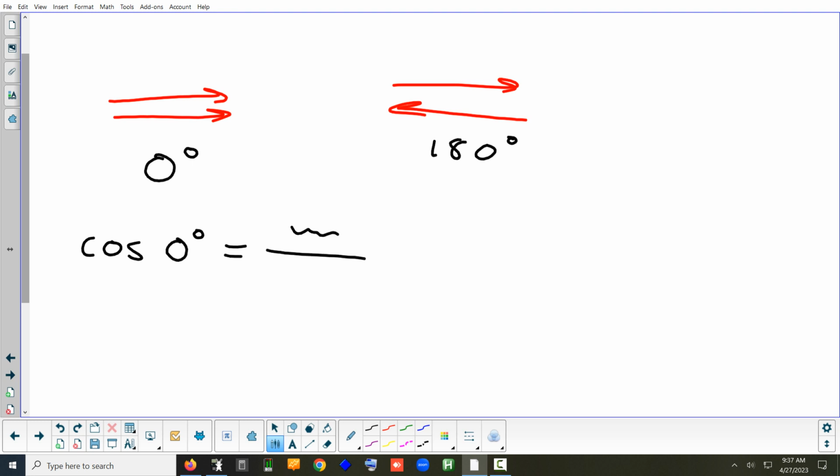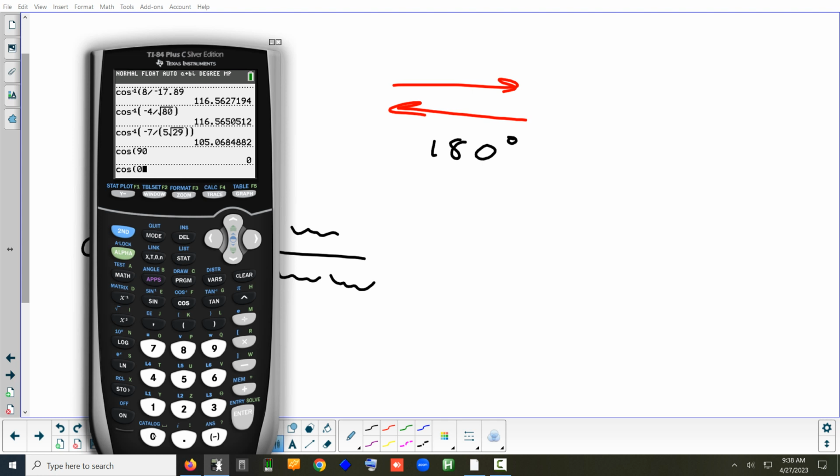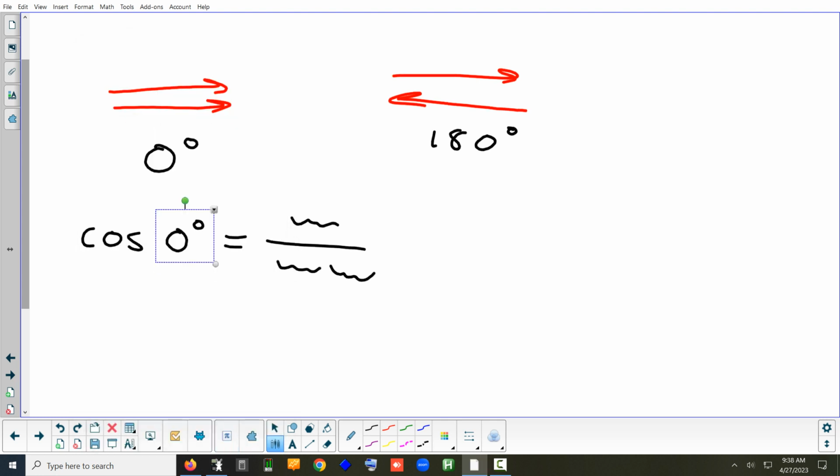On the right, you'd have a dot product in the top and a product of magnitudes in the bottom. I don't know what these numbers would be, but if it is parallel, I know the angle is 0. Well, let's take the cosine of 0 and see what happens. We get 1.